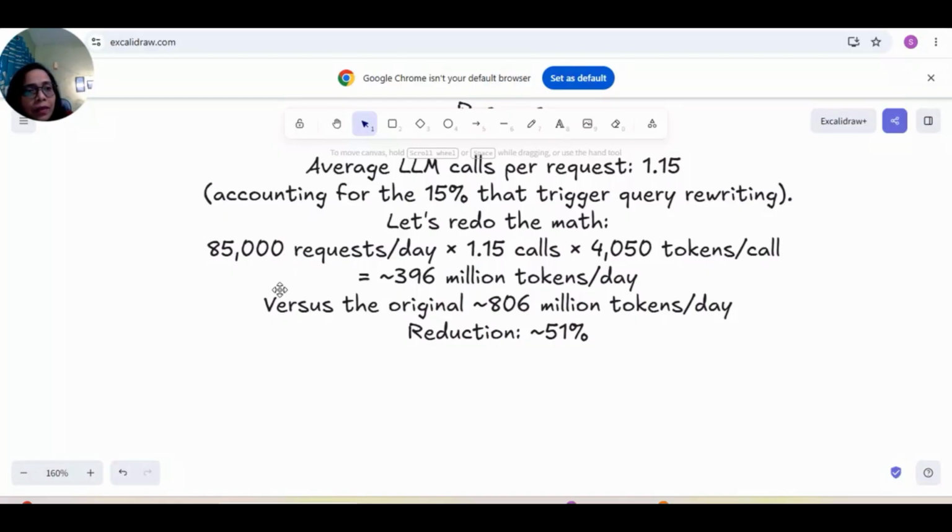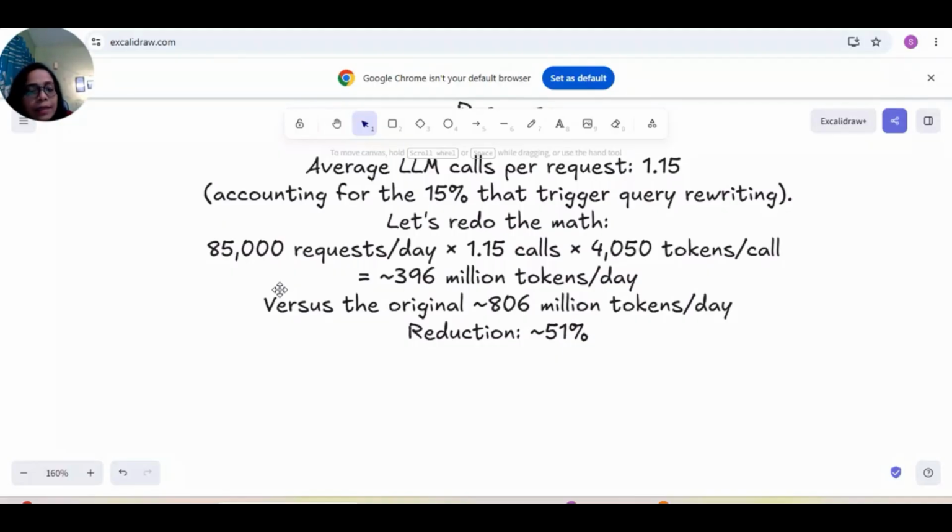Before it was 85k requests per day, now 1.15 calls, before it was 7.3 calls, and 4050 tokens per call. So it comes to 396 million tokens per day, versus the original 806 million tokens per day. So the reduction is approximately 51%.